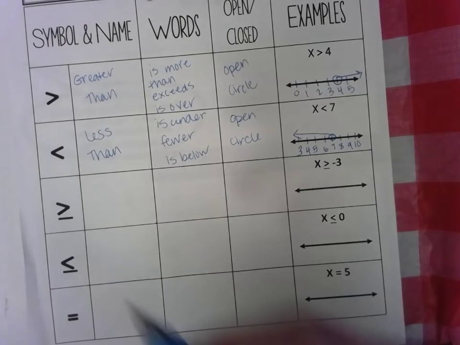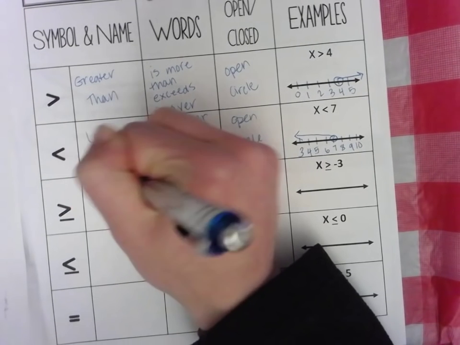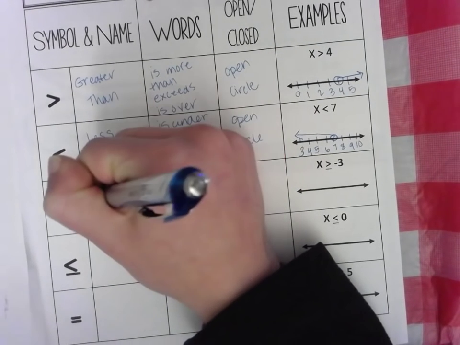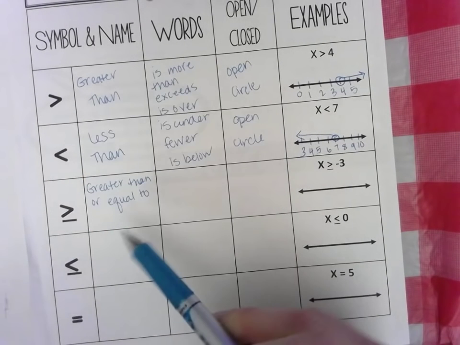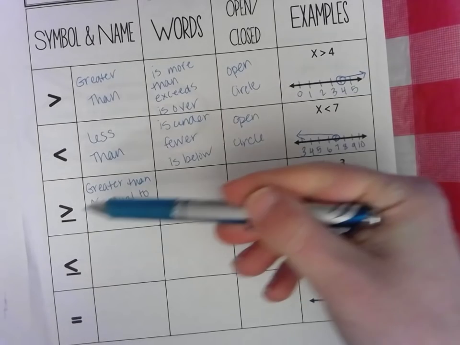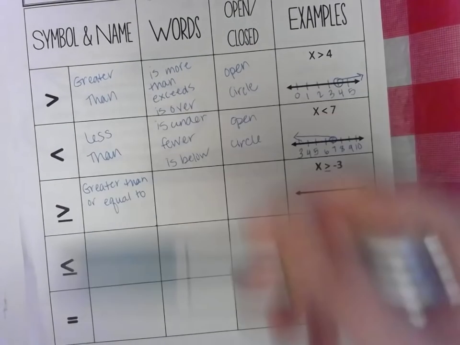So this next one is greater than or equal to. And the one thing that separates this greater than or equal to symbol and this greater than symbol is this line underneath the symbol.